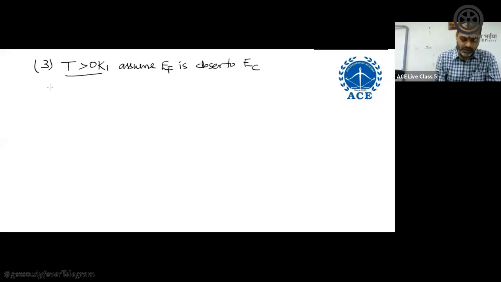Now let us take the energy band diagram. Represent EC and EV here. This is EC, and this is EV.